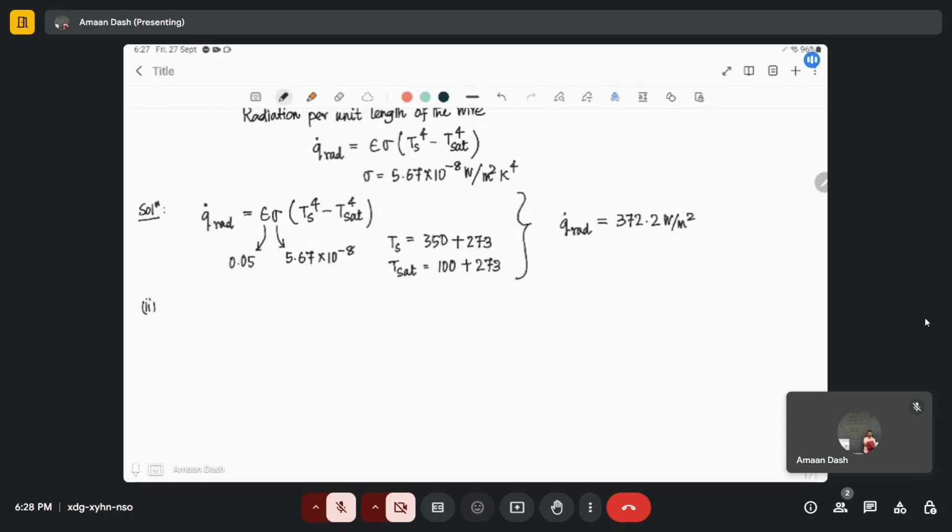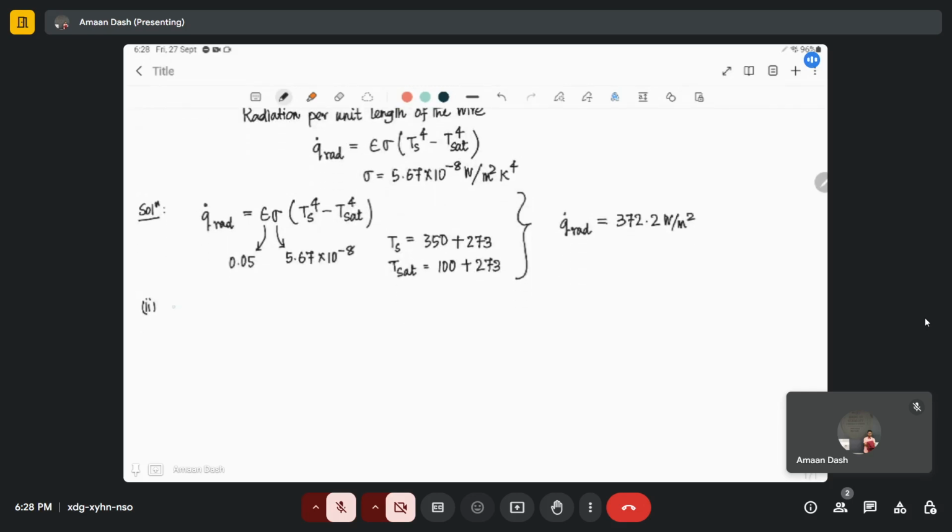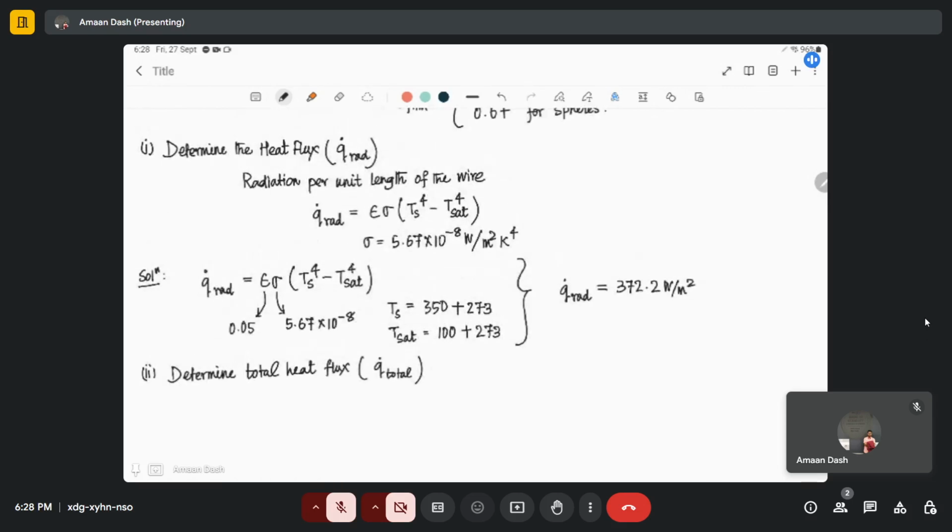So the second is determine the total heat flux. So we can write Q dot of total, per unit length again.